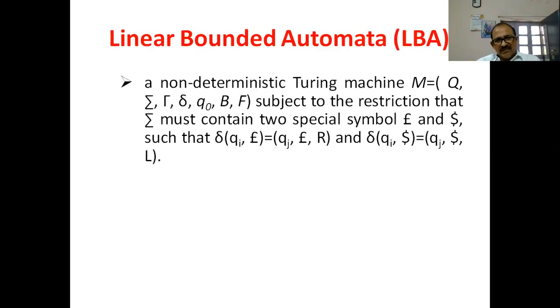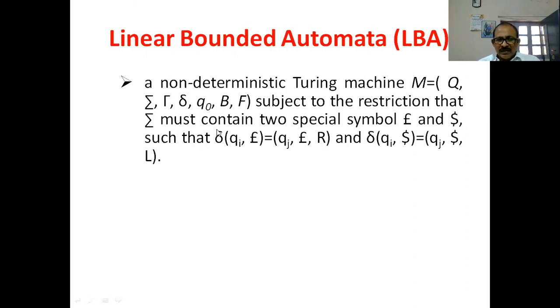We can define a linear bounded automaton with the help of again 7 tuples Q, sigma, gamma, delta, Q0, B, F, and with 2 conditions.